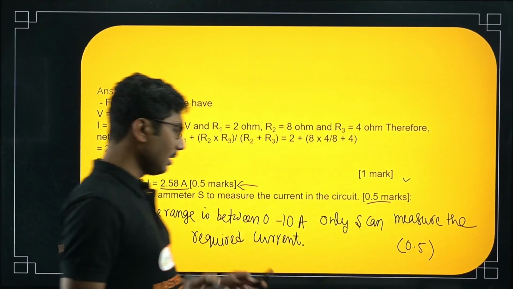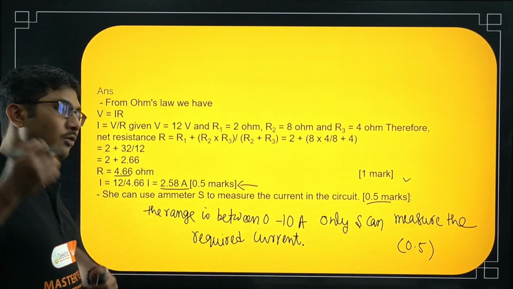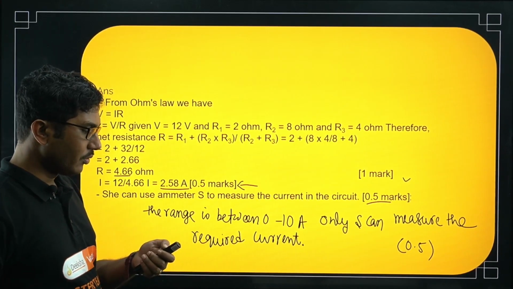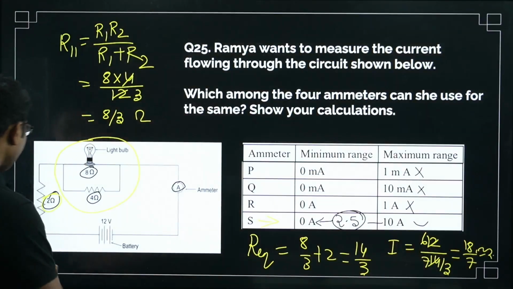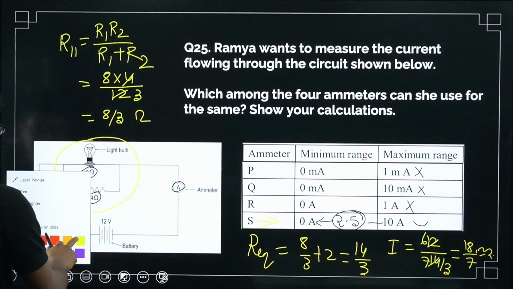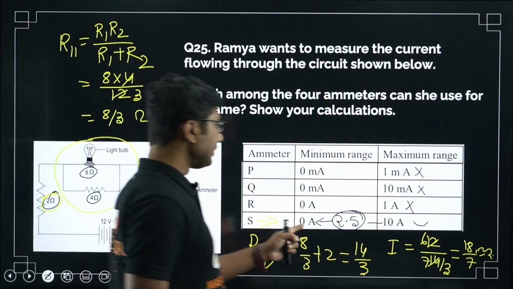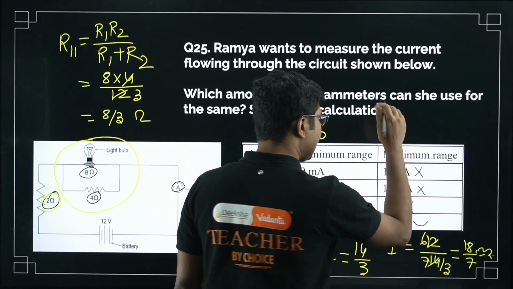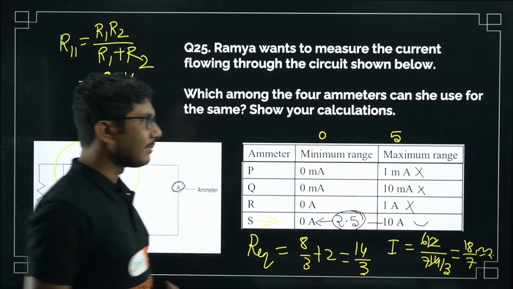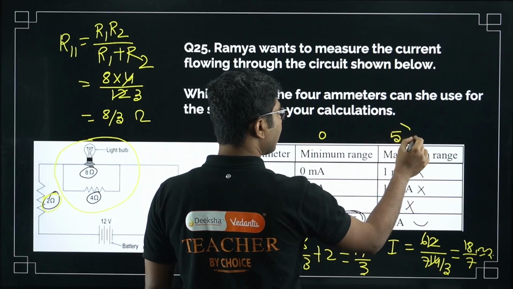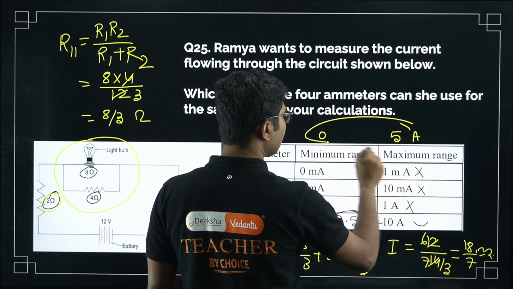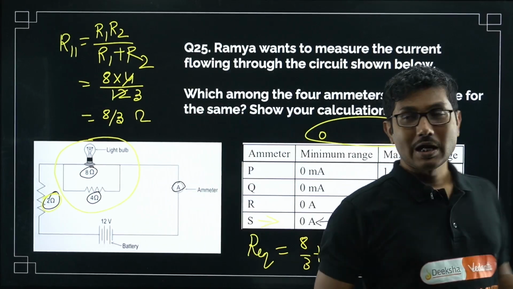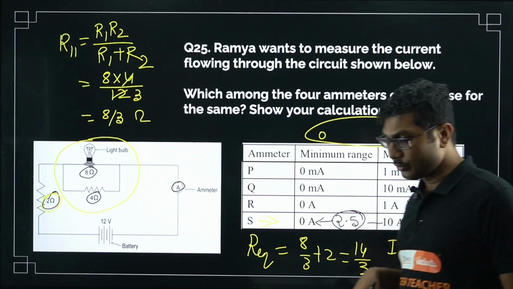Okay, now remember, even though I don't think this kind of question will come, that option that I am going to talk about will come in your exam. So if they give you 2 ammeters, one is say 0 to 10, another is say 0 to 5, same question, then you want to use this one, because this one will be more accurate compared to 0 to 10 ampere.